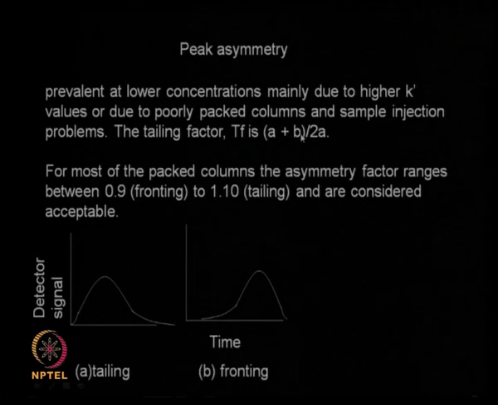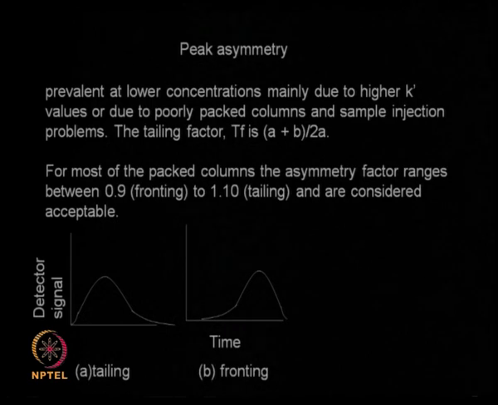So if this comes out to be less than 1, we can say it is a fronting type of situation, and if it is greater than 1, you may call it a tailing type of situation. This is possible because of so many factors, because of the selection of solvents, because of the type of packing we are using. Sometimes we make mistakes during injection of the solute mixture or the protein mixture. So all these could cause these problems, but ideally one would like to have a Gaussian or normal type of distribution.